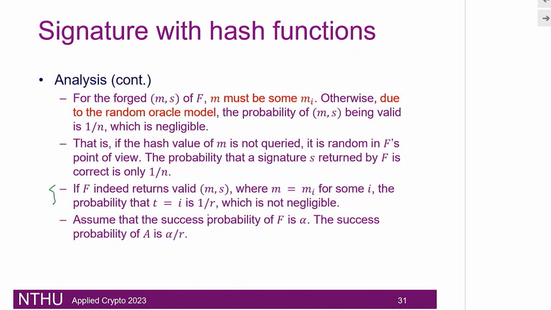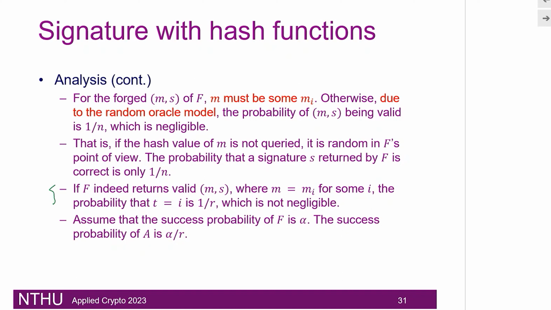So we have r rows, and the probability that we chose the right t is 1 over r. This is a non-negligible probability, because r is not huge, so we should be able to do that.